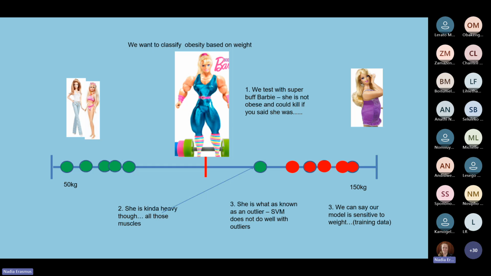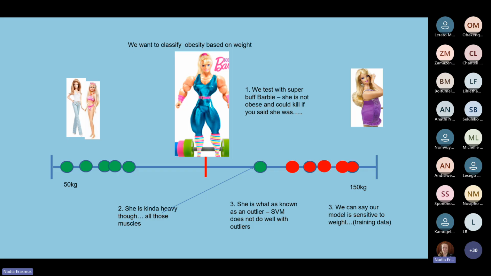And then the muscle weight would just put you over. So this muscle Barbie will be overweight, but she's actually quite fit, not necessarily skinny, but she is not obese. So that is where it is very tough to make a distinction.